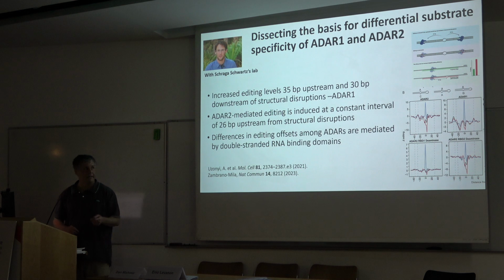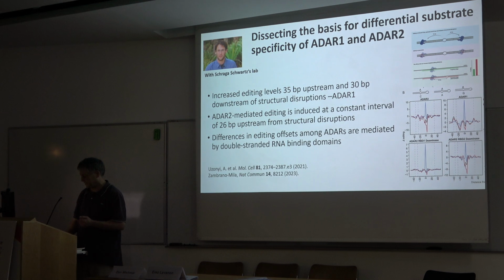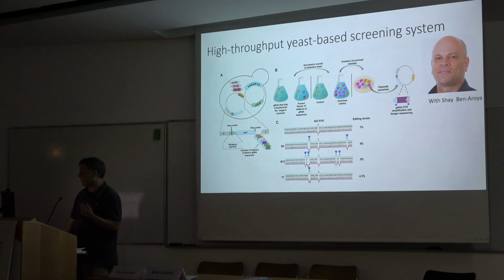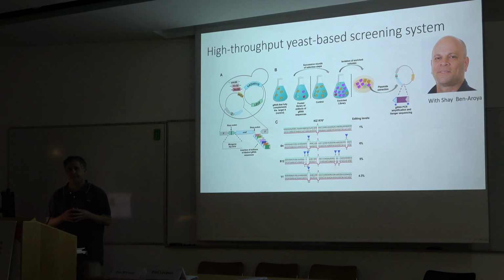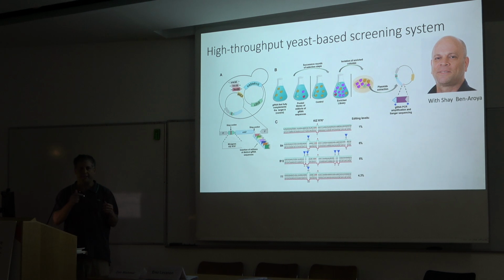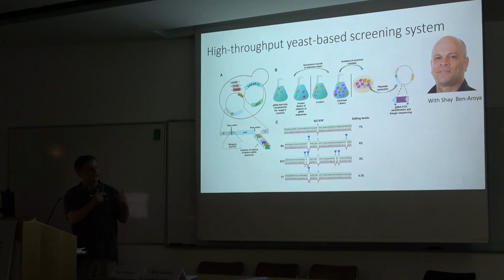Together with Shragi, we found some of the key features that ADAR needs, in the process of finding the perfect guide RNAs. And together with Shai, we developed a yeast system that allows us to screen hundreds of millions of different combinations to find which oligos we need in order to recruit ADAR to a specific position.